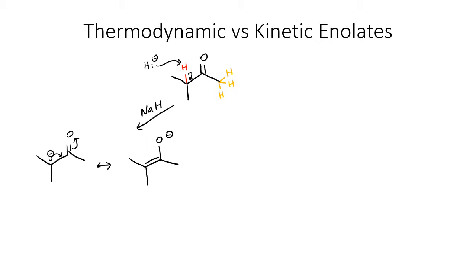So now we have formed a double bond in our resonance structure that is more substituted than the double bond that would form on the least substituted carbon. So the more substituted double bond is actually the more stable product.